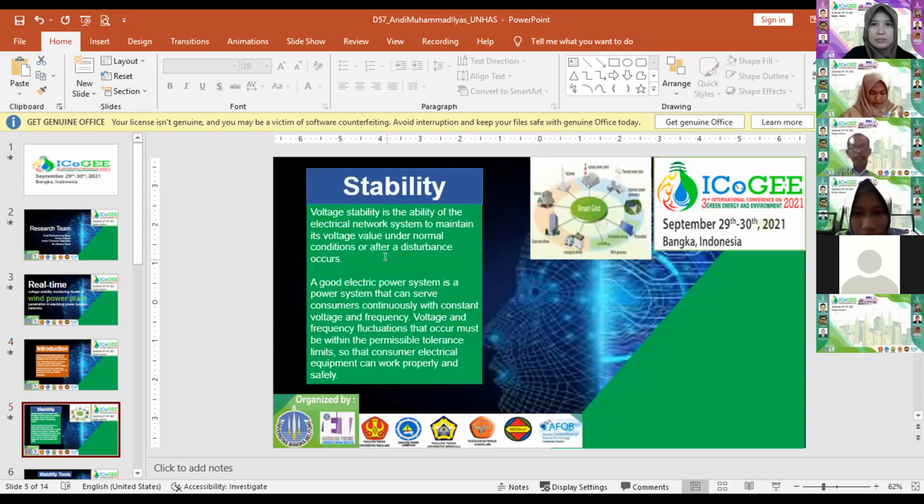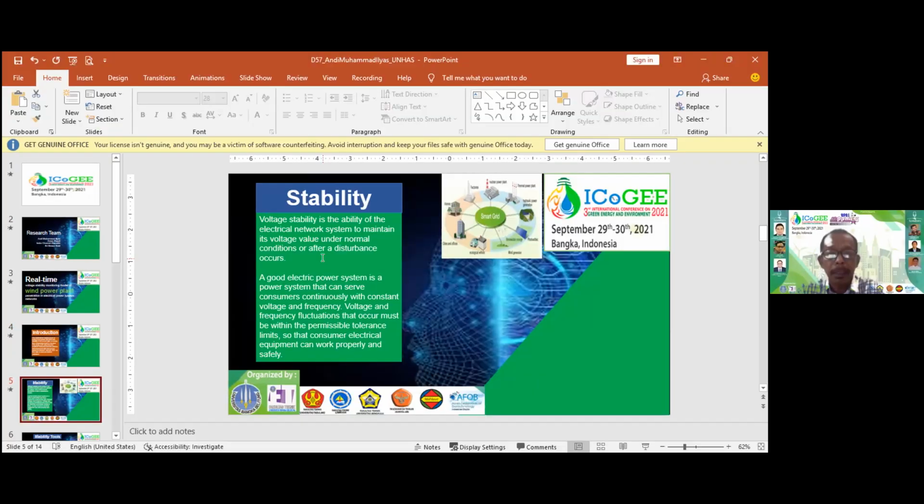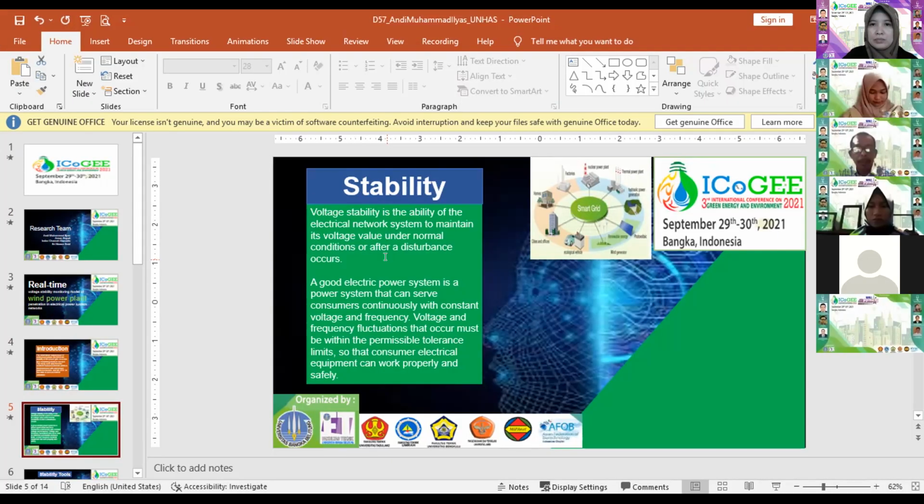Basic theory: voltage stability is the ability of an electrical network system to maintain its voltage value under normal conditions or after a disturbance occurs. A good electric power system is one that can serve consumers continuously with a constant voltage and frequency.